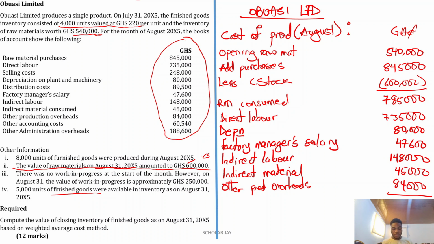So we have 785,000 plus 735,000 plus 80,000 plus 47,600 plus 148,000 plus 45,000 plus 84,000.